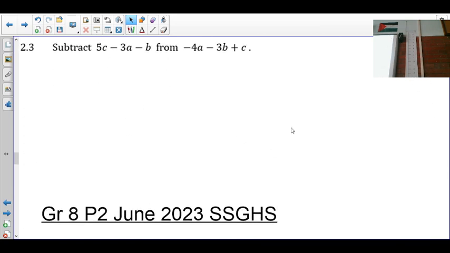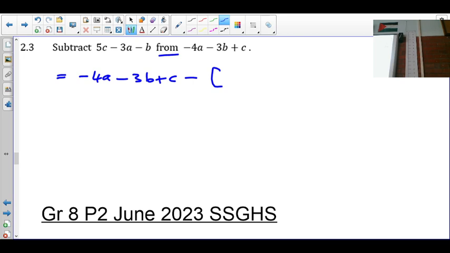People, 2.3. It says subtract 5c minus 3a minus b from minus 4a minus 3b plus c. So what do we do? Whatever follows from, you write first. So it's negative 4a minus 3b plus c minus, open brackets, 5c minus 3a minus b.